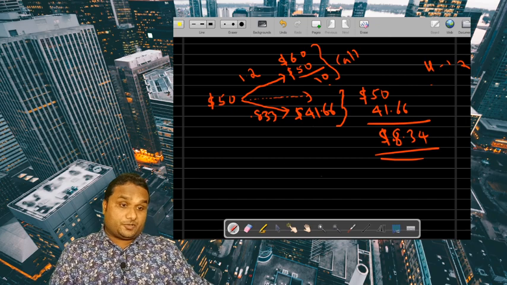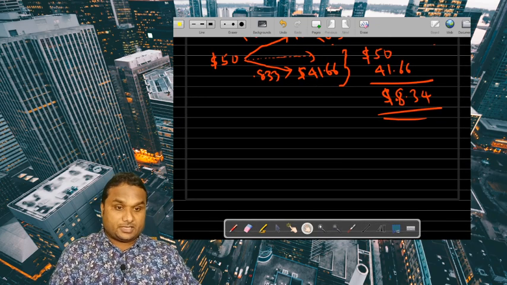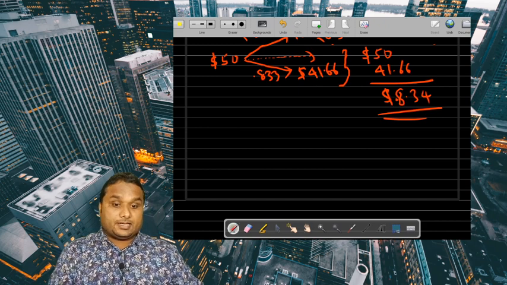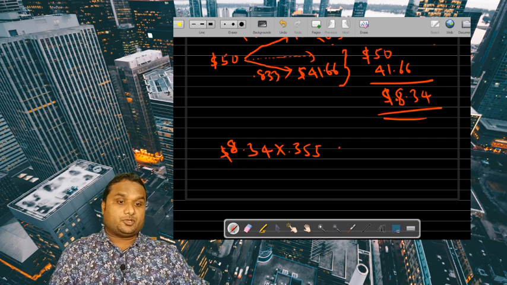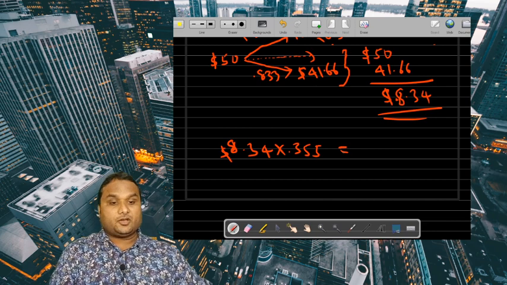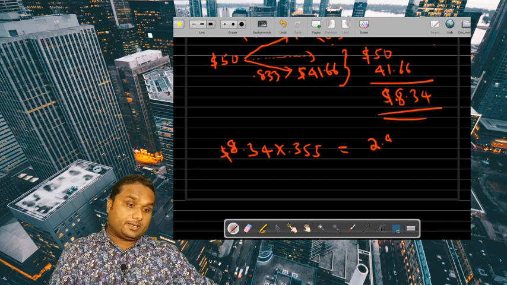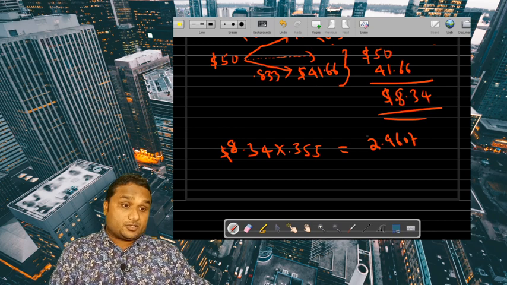This profit which you are generating after 1 year has a possibility of downward movement of 0.355. So 8.34 into 0.355 is 2.9607.